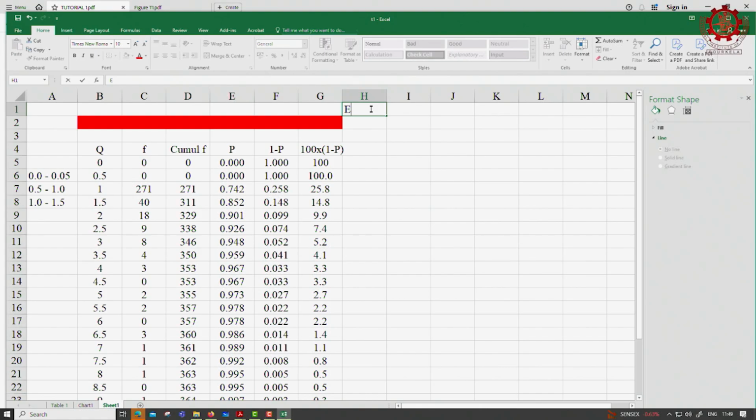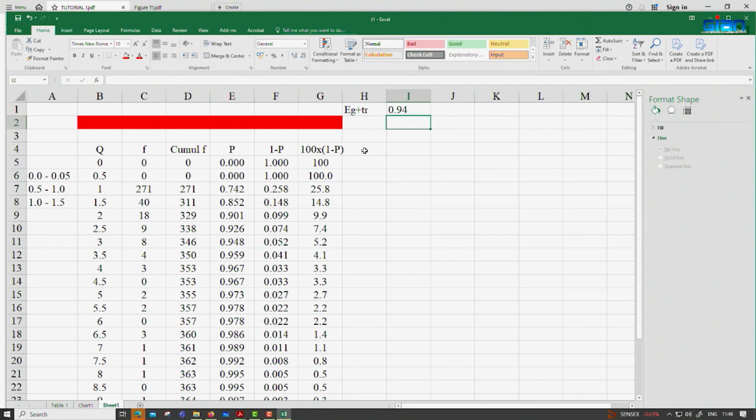Efficiency of generator plus transformer, how much? 0.98 into 0.96, 0.94. We will keep it because we might need that, right.